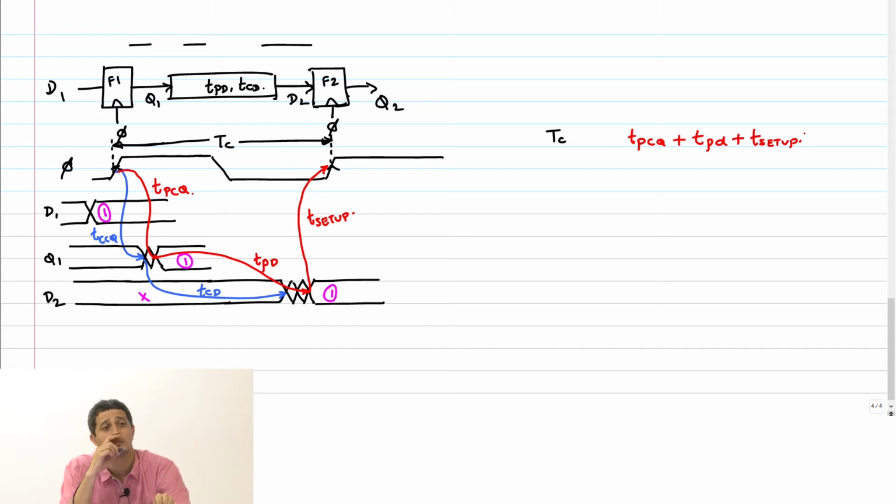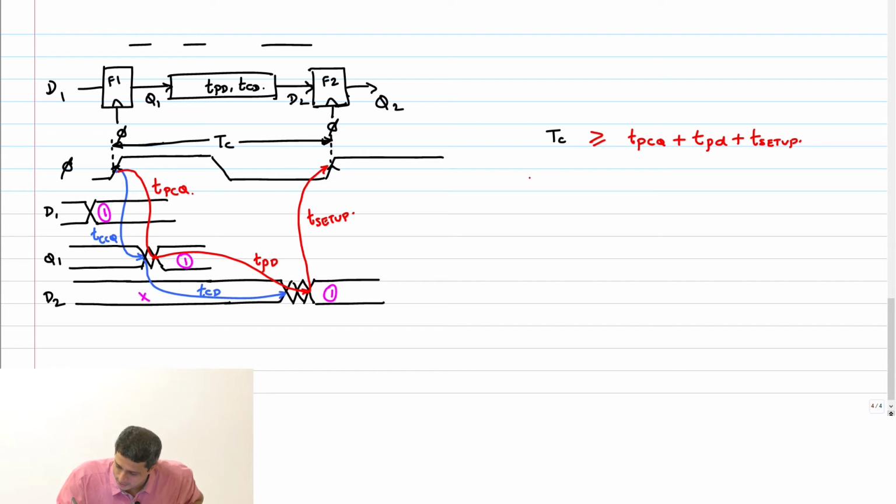What's the inequality? Greater than or equal to. As long as the clock period is slower than this, or the clock period is greater than these 3 delays, your system will function correctly.